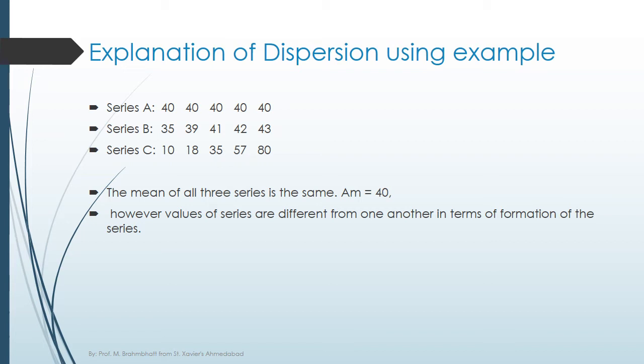Hence, it is important for any investigation not only to know the average of any type, but also the scatteredness of the various observations of a distribution.